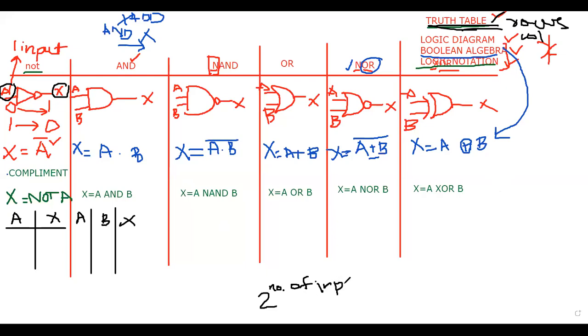How many inputs are there in this case? 1. So 2 raised to the power 1. So how many rows would there be? Only 2. So I have got 1 and 2. Table completed? Okay.